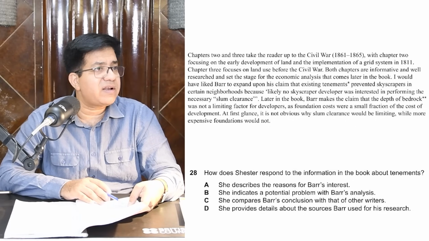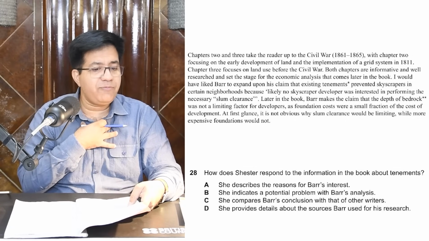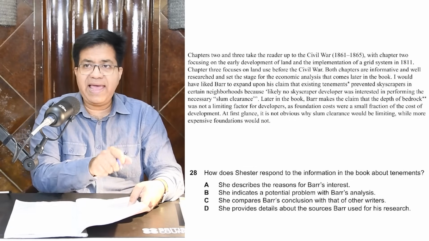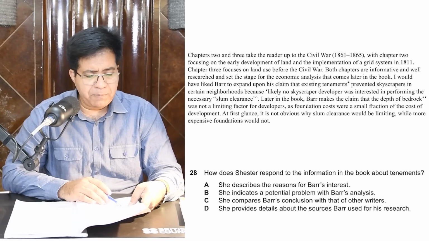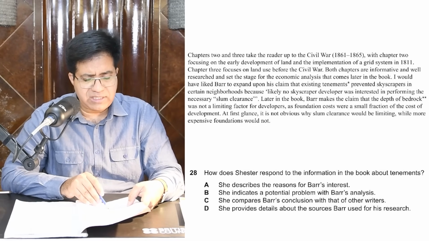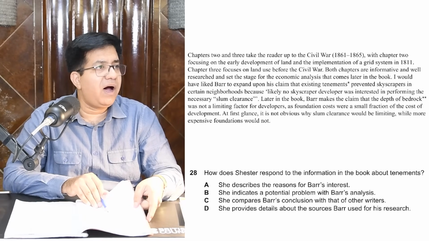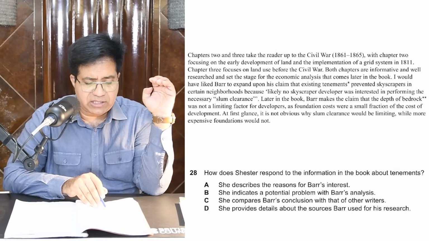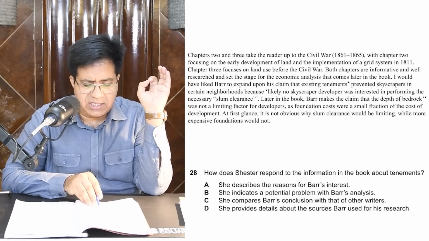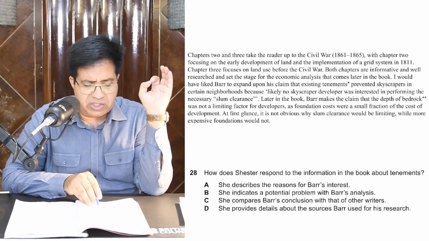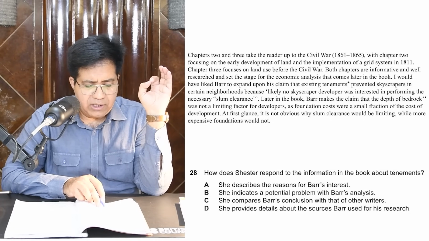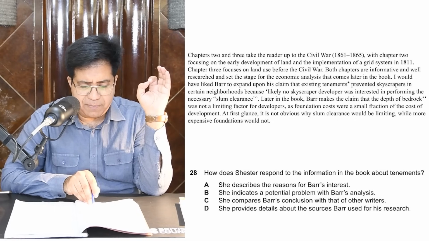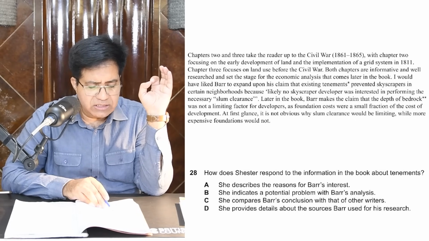Now, this is what the writer says. I would like. I would like means Catherine L. Chester is saying this because she's the writer. I would like Barr to expand upon this claim. It means Barr did not expand on this claim that existing tenements prevented skyscrapers in certain neighborhoods because likely no skyscraper developer was interested in performing the necessary slum clearance.